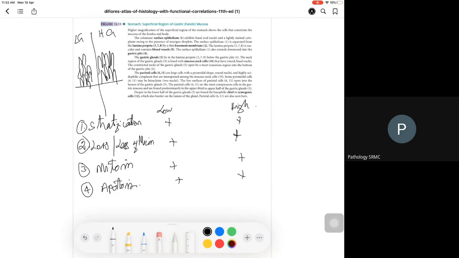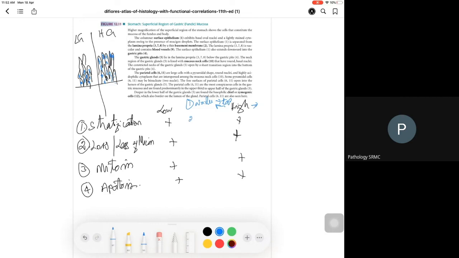When you see the stratification, the nuclei will be confined to up to the middle 1/3 of the height of the epithelium. When the nuclei are seen at the top of the epithelium, reaching the upper third of the epithelium, it's a high grade dysplasia. In high grade dysplasia, number 1, nuclei reaching the top of the proliferation.